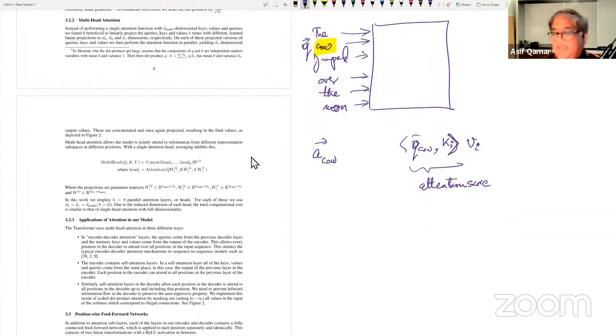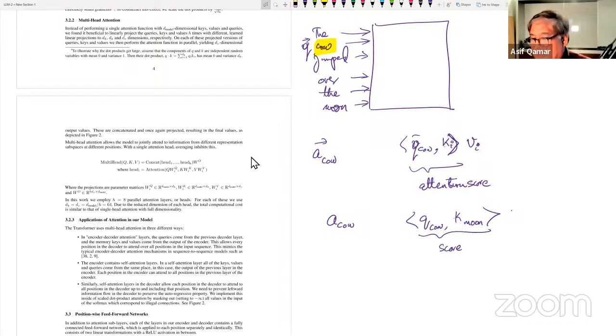But you're saying that a cow is paying some attention to the K of the moon, and here just say it's context, and based on how much score it is, that much weightage or importance it is giving to the moon vector. Are we together?